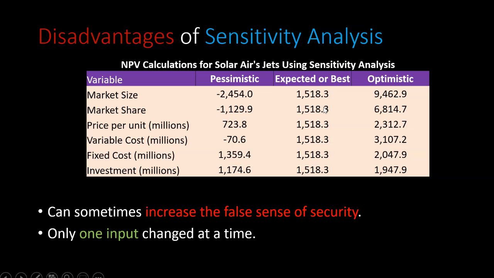So for example, if there is a financial meltdown, or if there's an economic downturn, and the entire market size reduces, and on top of that, you're not able to capture that much market share, and on top of that, the price that you can charge for each jet, maybe that goes down. Well, you're not capturing that scenario here, okay? All you're doing is just changing one input at a time, keeping others constant. And so in order to overcome that deficiency of sensitivity analysis, we have something called a scenario analysis, and this is something that I'll talk about in a different video.